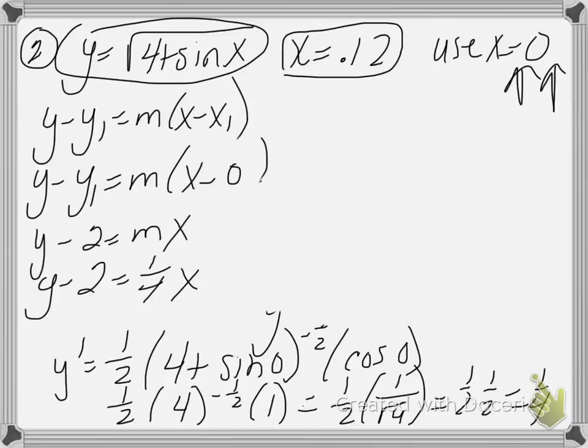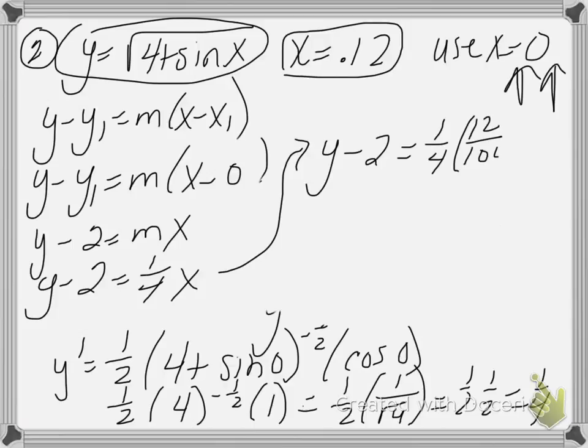Okay, now that I have the tangent line to the curve, now I can finally put in that 0.12. So I know I'm going to have to multiply it by 1/4, so it would be easier for me to write it as 12 over 100. So 4 is going to go into 12 3 times.